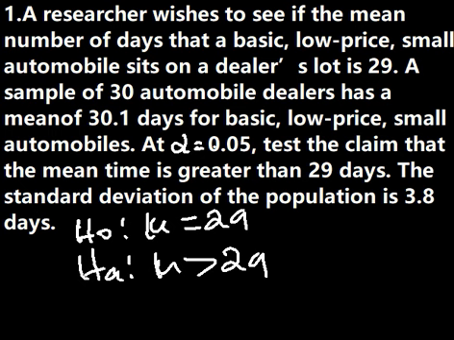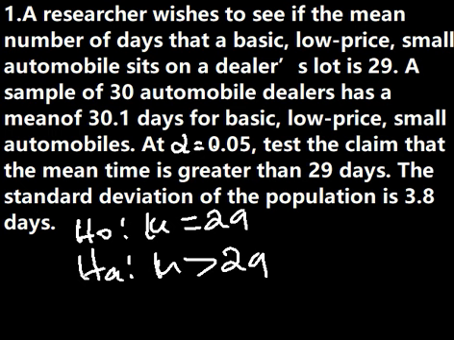Since it is greater than, this is a one-tailed test, and it is right-tailed. So bear that in mind. This is the null hypothesis and this is the alternative hypothesis: we are told that the mean is 29, and the alternative hypothesis is the claim that the mean time is greater than 29 days, which is greater than, so that is a one-tailed test, and it is right-tailed.